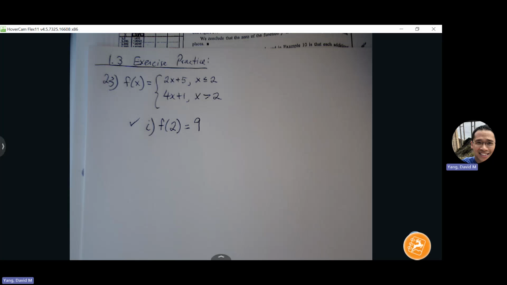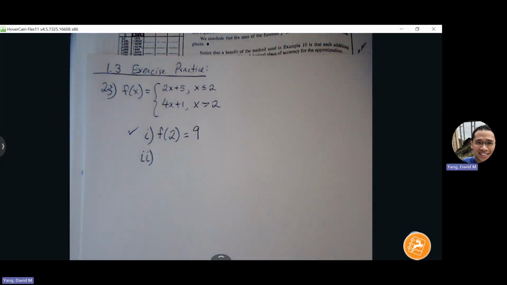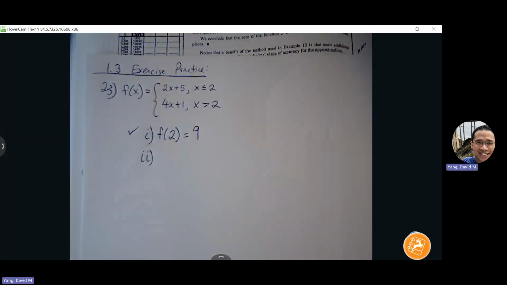Even if it fails the first condition, we still keep going, right? It says determine continuity, but I want us to also determine the type of discontinuity if we run into that issue. So second condition, does the limit exist? We have two different graphs here. So we basically have to look at the arrows and see if the arrows are in agreement.